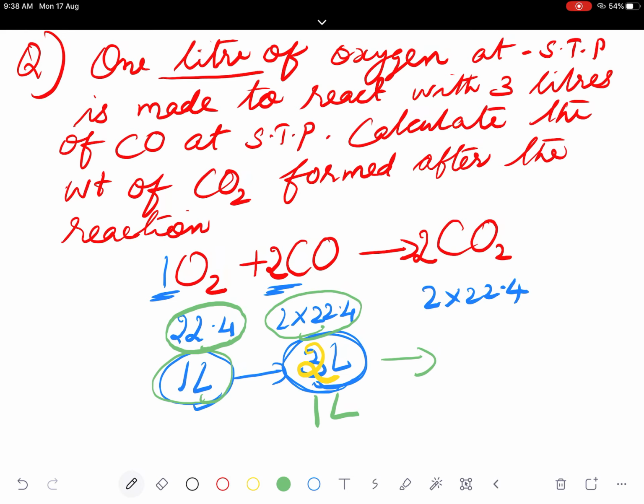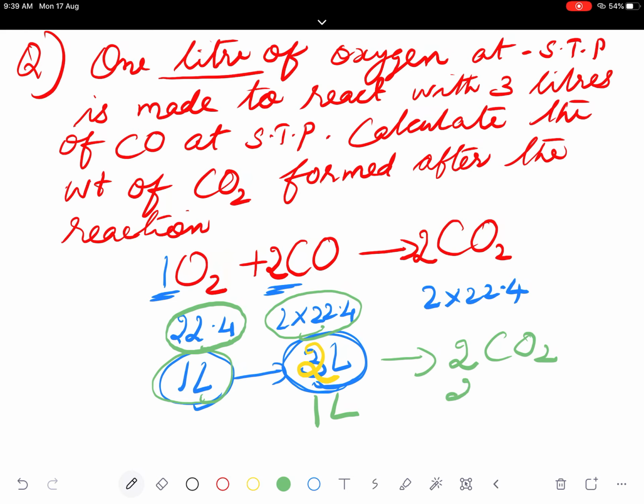Anybody can say? According to the balanced equation, when 2 liters of CO is used, 2 liters of CO2 will be formed.